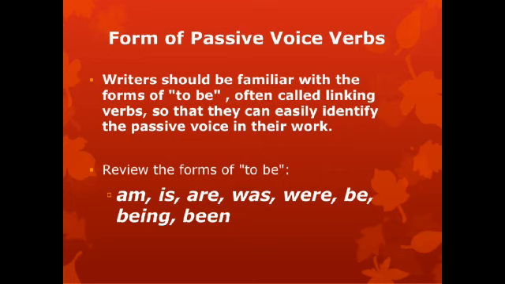When we are writing, we have to use to be, often called linking verbs. The linking verbs we have are am, is, are, was, were, be, being and been. We use these words with the actual verb, the actual action which is already there in the sentence.